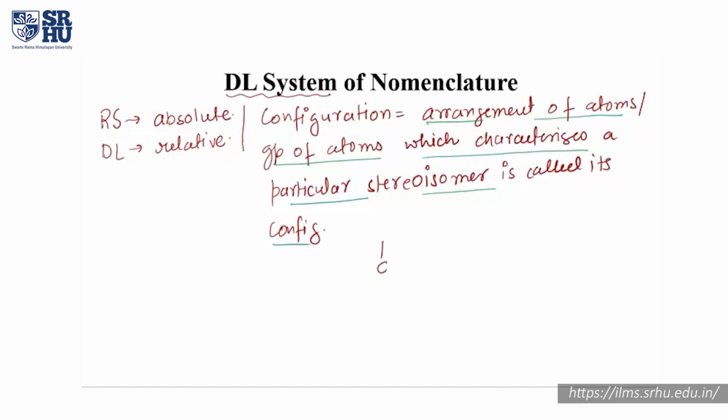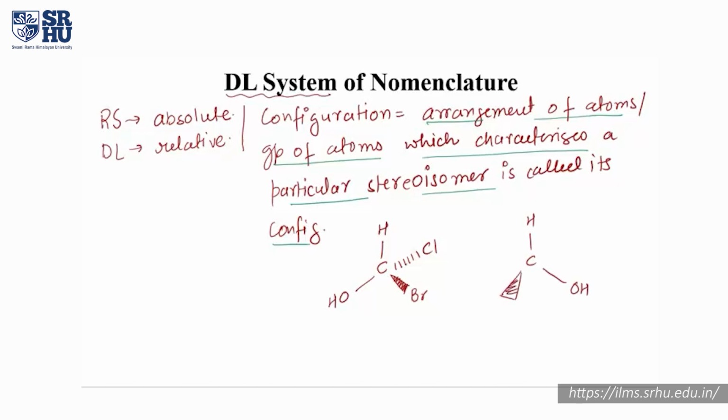Say, for example, this carbon is attached with a hydrogen and OH, and there is a bromine atom coming out of the plane, and a chlorine atom going inside the plane. This is one stereoisomer, and the other stereoisomer, its enantiomer, is like this.